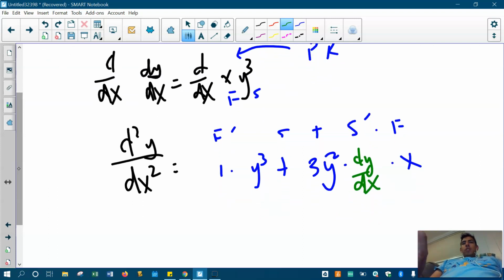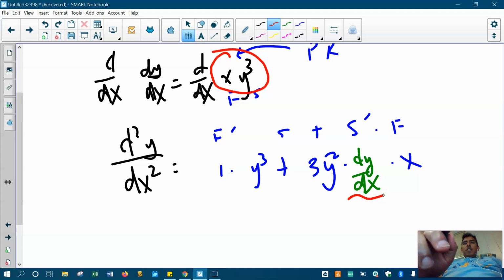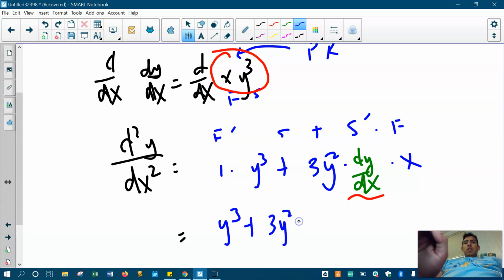Now, that's super weird when I have a dy/dx here for the second derivative, so what I can do is plug in my dy/dx. So let me just rewrite this then. I now have equals y cubed plus 3y squared times x y cubed, and then times the other x.